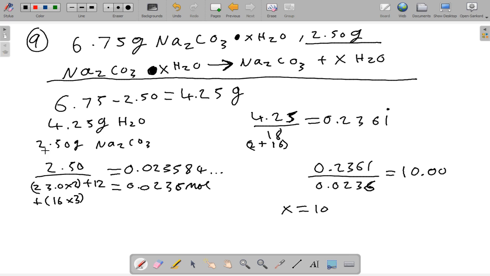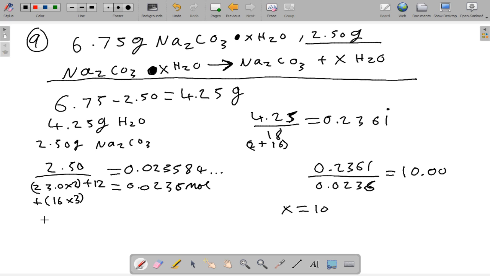So 4.25 grams of water and 2.5 grams of sodium carbonate. So first we work out the moles of sodium carbonate. 23 times 2 plus 12 plus 16 times 3 is 106.